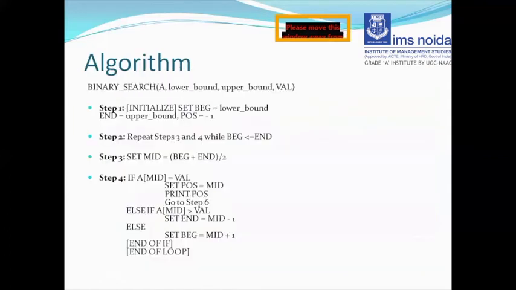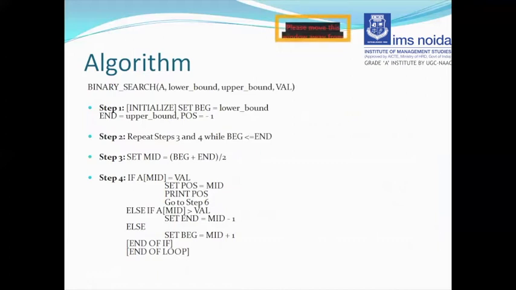Let's see how we can write algorithm for binary search, which can later be converted to code. So for the binary search algorithm what we need is an array which is mentioned by A here.